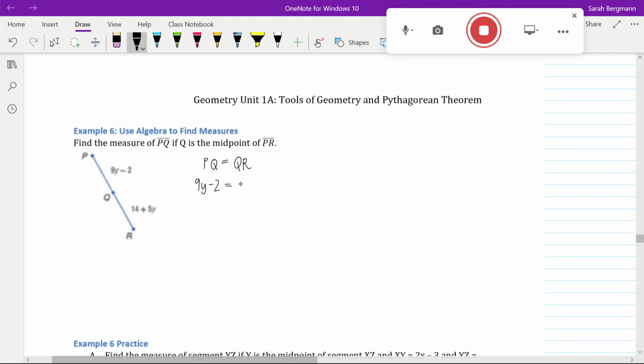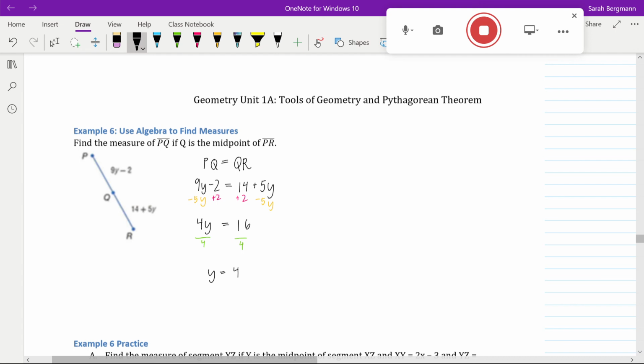The expression for QR is 14 plus 5y. Now I can solve this by subtracting 5y on both sides and adding 2 on both sides. So I get 4y equals 16. The next step is to divide both sides by 4, and you get y equals 4.